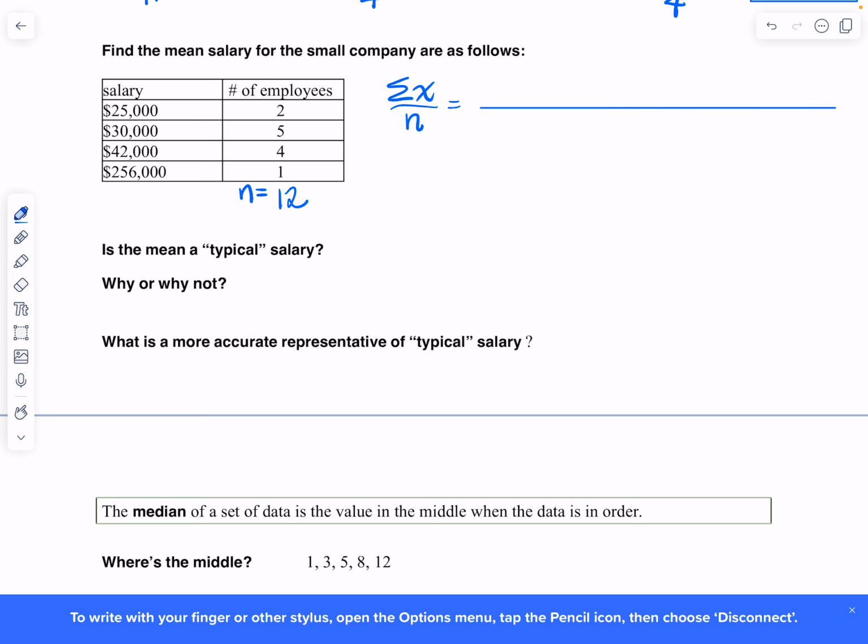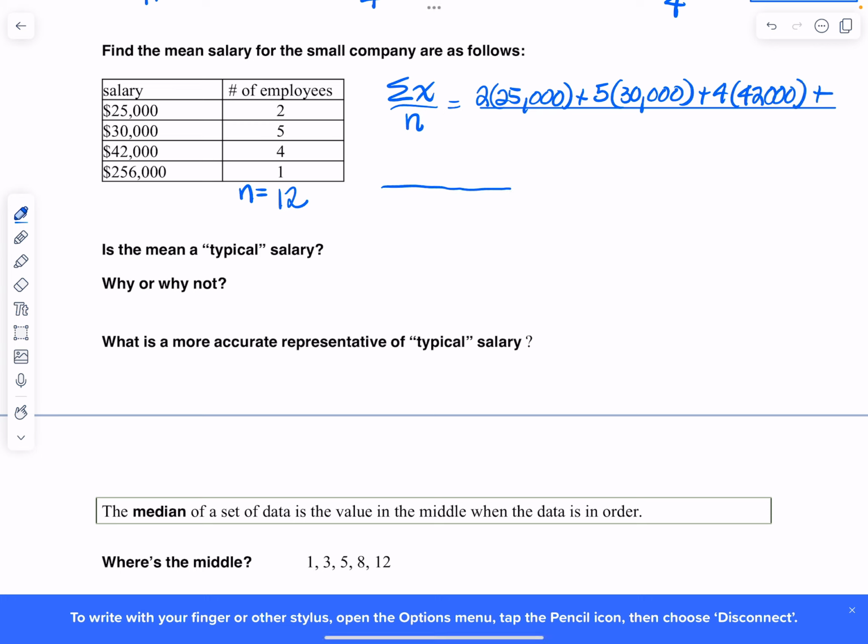Now, you can do one of 2 things. You could literally write out 25,000 twice, or you could take a shortcut. 2 times 25,000 plus 5 times 30,000 plus 4 times 42,000 plus, and I'm running out of room, so I'll continue down here.